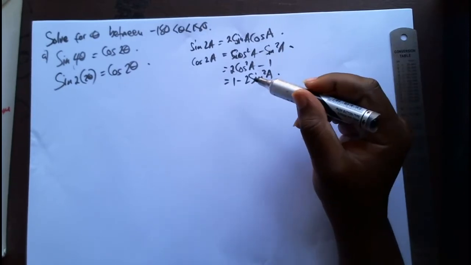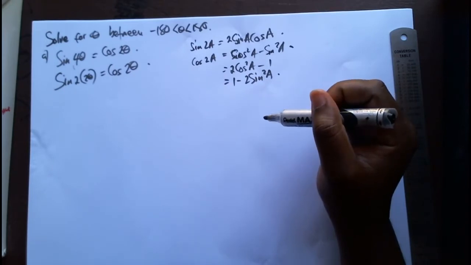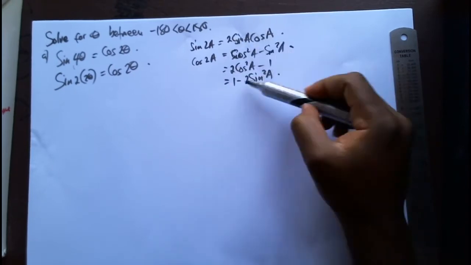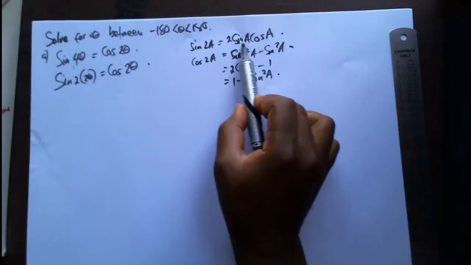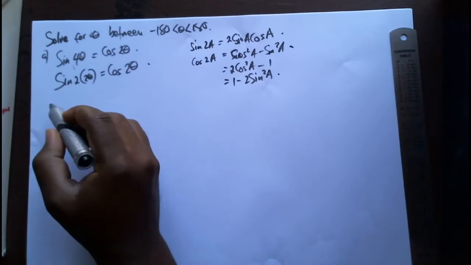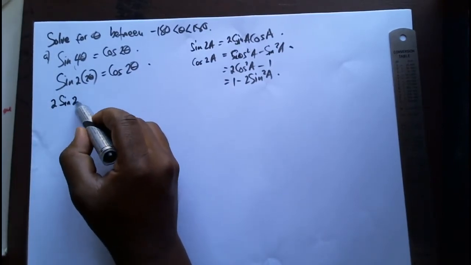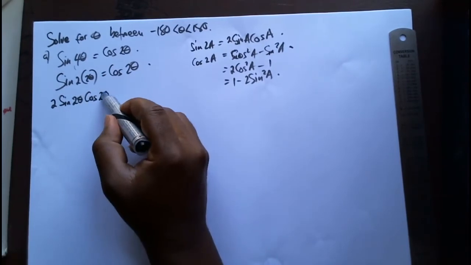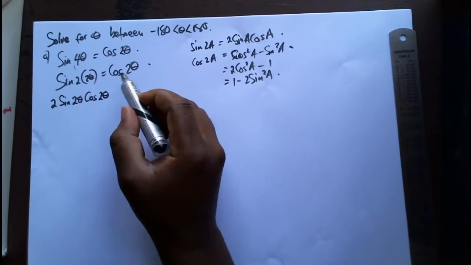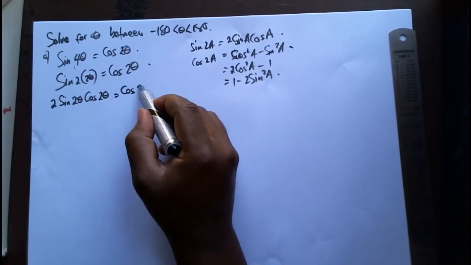So in this case, for sine, I'm going to use the one identity. So this becomes 2 sine 2 theta cos 2 theta is equal to cos 2 theta.